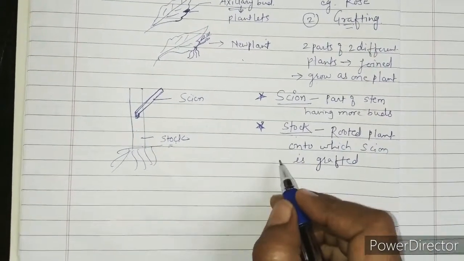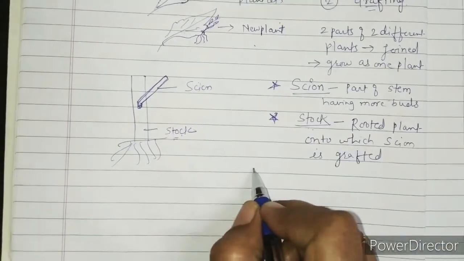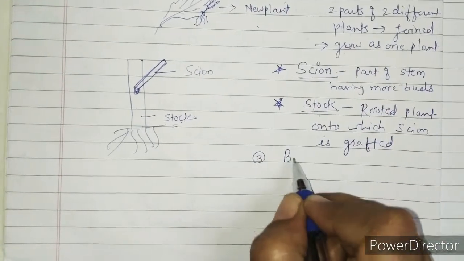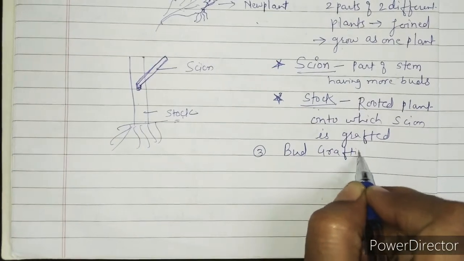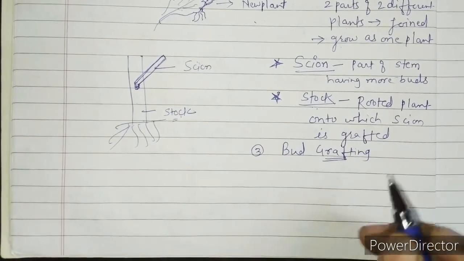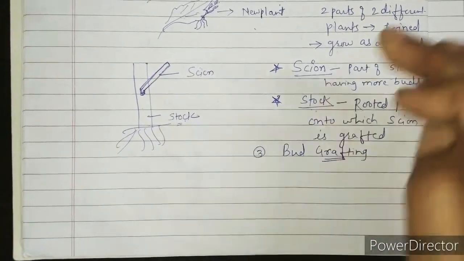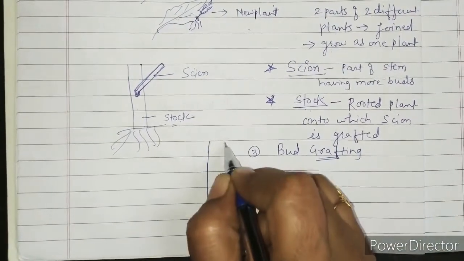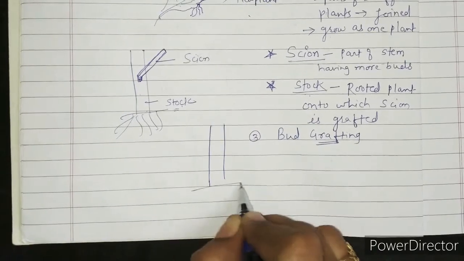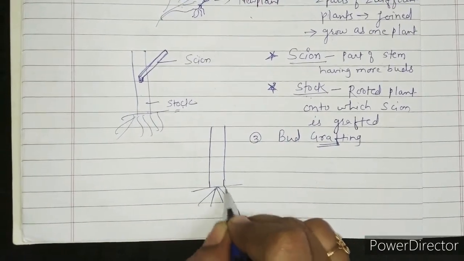The third method is also called bud grafting. Bud grafting is no doubt a type of grafting, but the difference between grafting and bud grafting is this. You can draw the diagram here. See here, suppose this is the rooted plant.